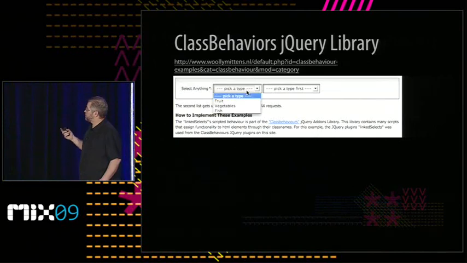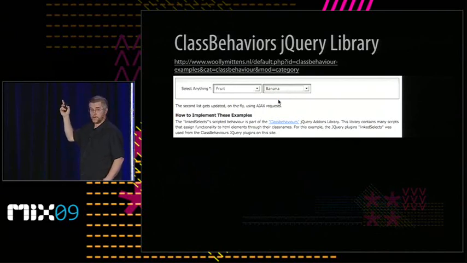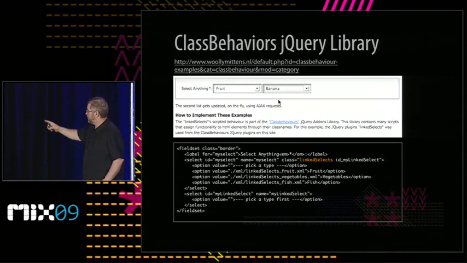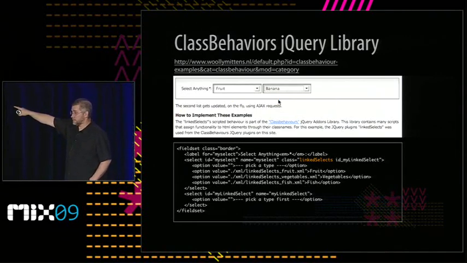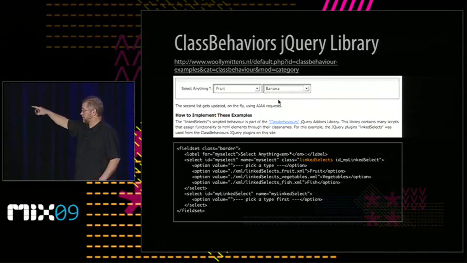And then there's a class behaviors jQuery library that has a number of different things, like here are two lists that are linked together. And all you really end up doing, you see what I've got highlighted there in the orange, linked selects. If you set the class on a select box or select component in HTML to linked selects, then it'll connect it up.